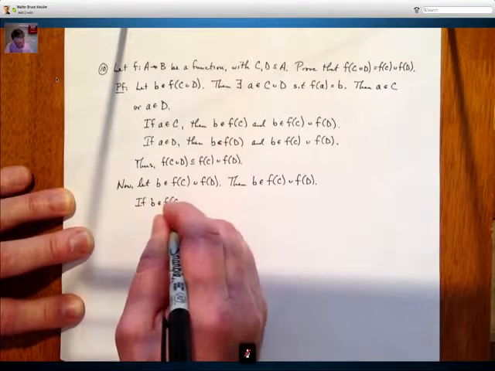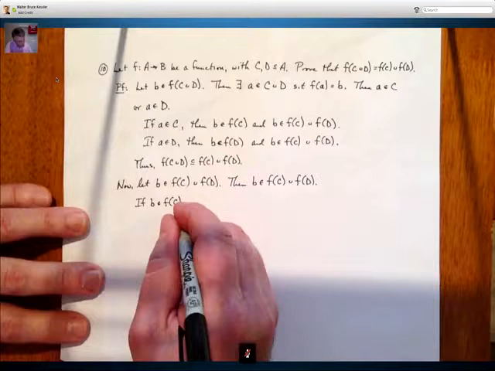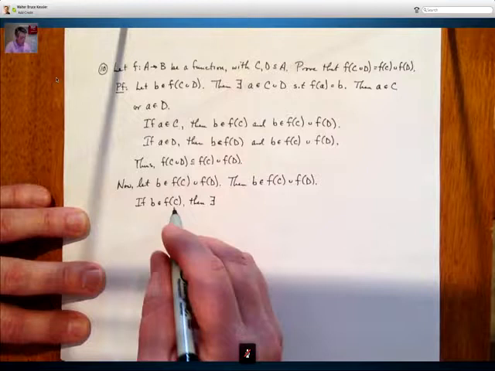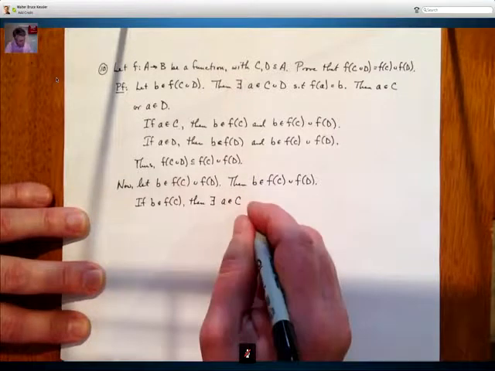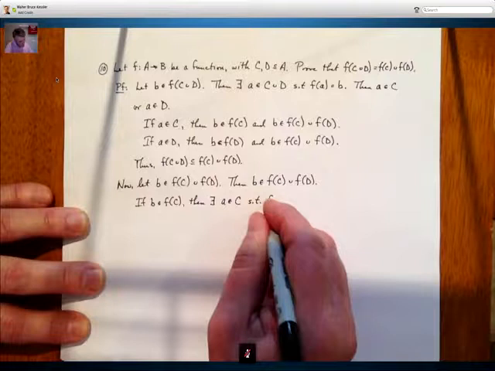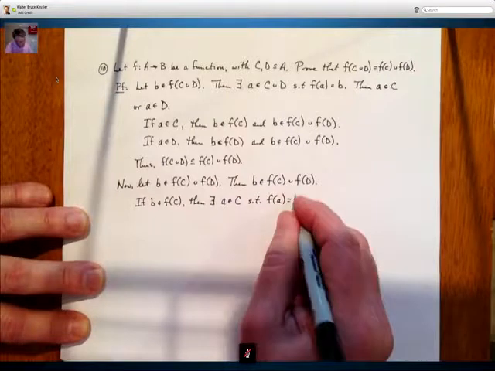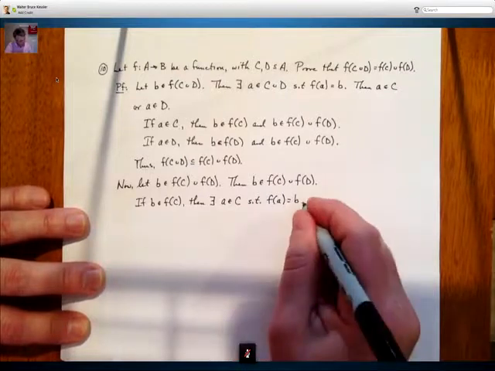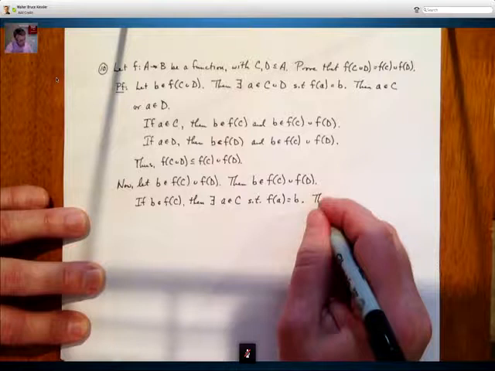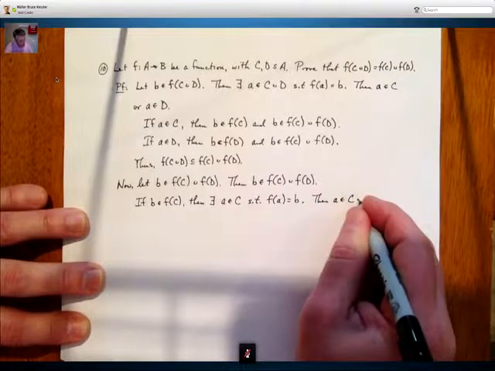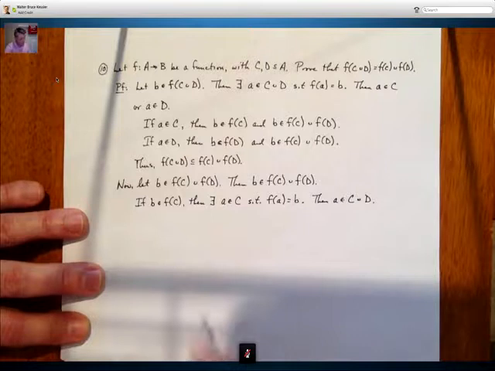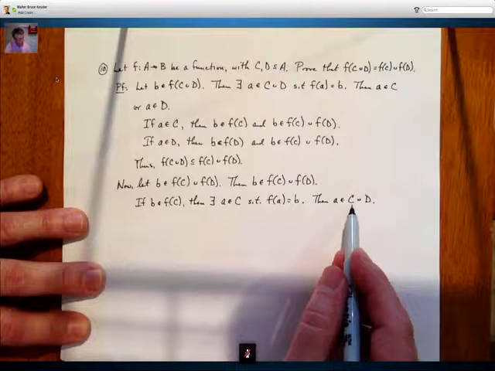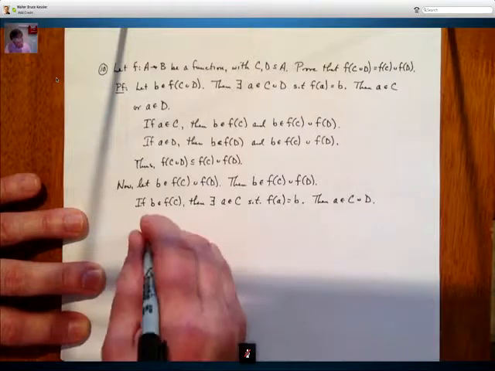If b is in f of C, then there exists something over here in C, an a, such that f of a gives me that b. But this a being in C, well, then a is in C union anything, but in particular D, which means this b is also in the image of C union D.